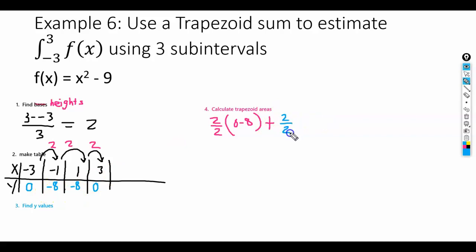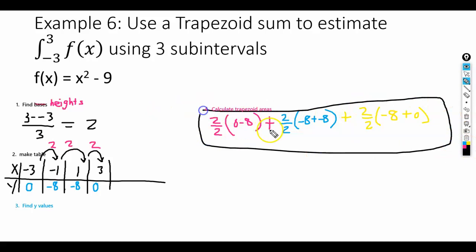So height over 2, -8, -8. Next trapezoid, height is 2, divide that by 2, and then my last two bases are -8 and 0. And we can just leave our answer just like that. We can go ahead and circle it and say that's our estimation for the integral area of the curve.